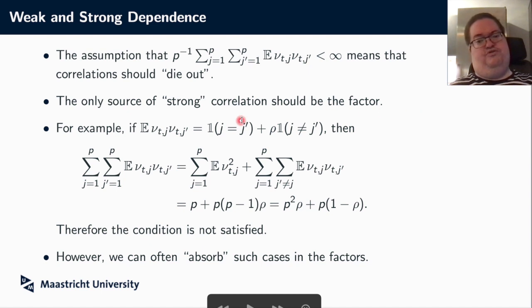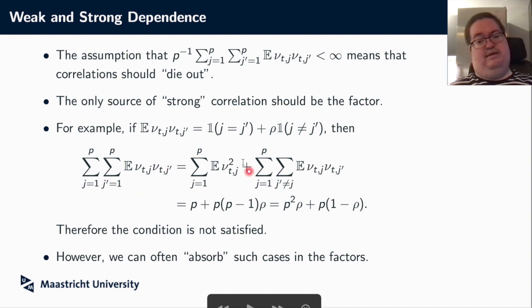So we can have a look at an example of what could or could not be allowed. Take a setting where the correlation between all units j and j prime, variables j and j prime, is equal to rho. So we get a 1, of course, on the diagonal. We assume a variance of 1 and a correlation of rho for all variables. Now we can derive this double sum.